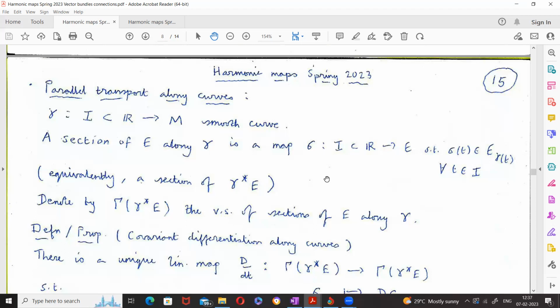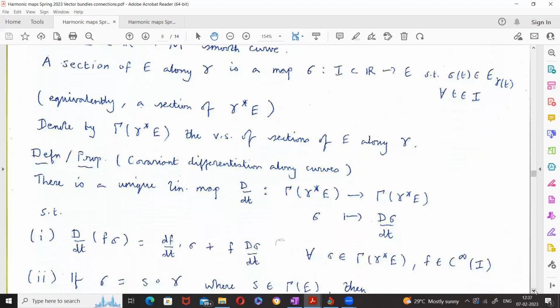So this is a section along gamma, along the curve. Is that clear? All right. So now denote by gamma of gamma star E, in other words, sections of the pullback gamma star E, the vector space of sections of E along gamma.